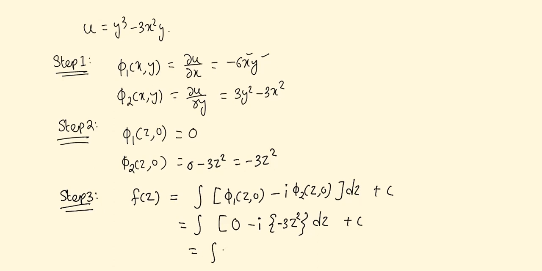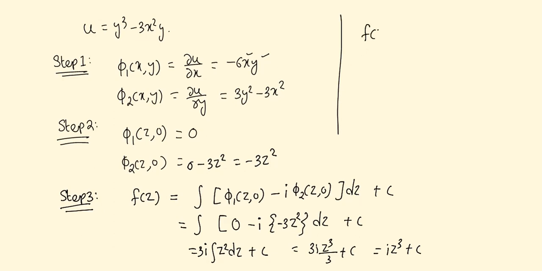This can be written as 3i integral z square dz plus constant, since 3 is constant and can be taken out of the integration. So this is 3i z to the power 3 divided by 3 plus constant, that is i z to the power 3 plus constant. Finally we got the result: f of z equal to i z to the power 3 plus constant.